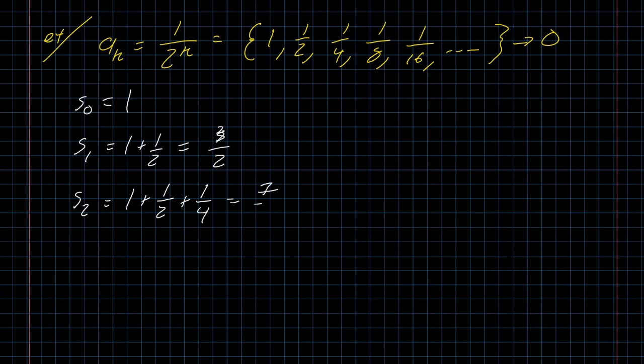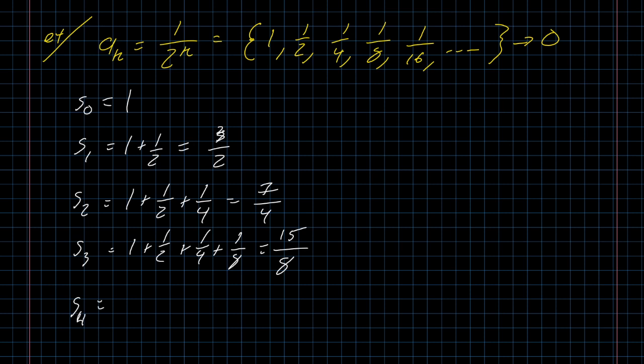All told, that's 7/4. We've got S_3, which is 1 plus 1/2 plus 1/4 plus 1/8. All right, well, that's 15/8. And let's go ahead and list out one more.